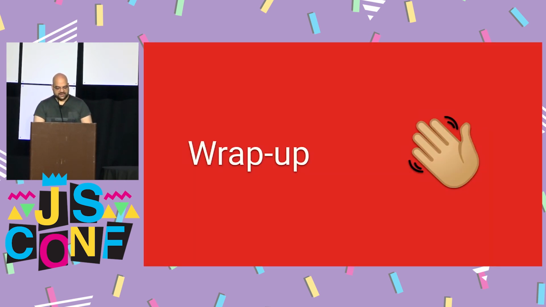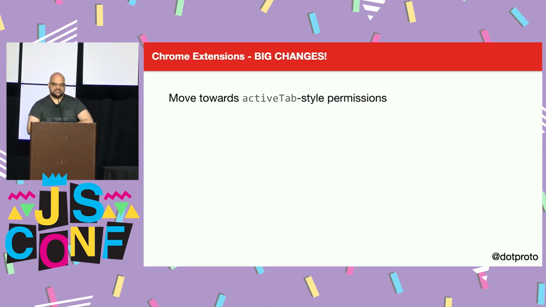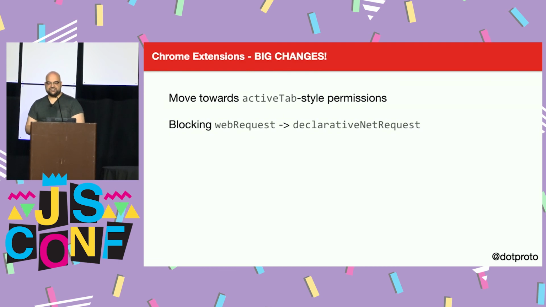And with that, I just want to quickly go through the major changes, again, to the extension platform. We're trying to move towards an active tab style set of permissions, so users are in control of when the extension is running. We're moving away from APIs that leak data, like web request, in order to make sure that as little information is being exposed to the extension as reasonably possible.